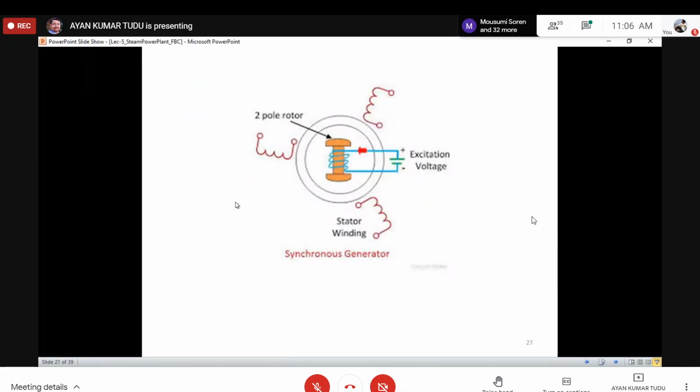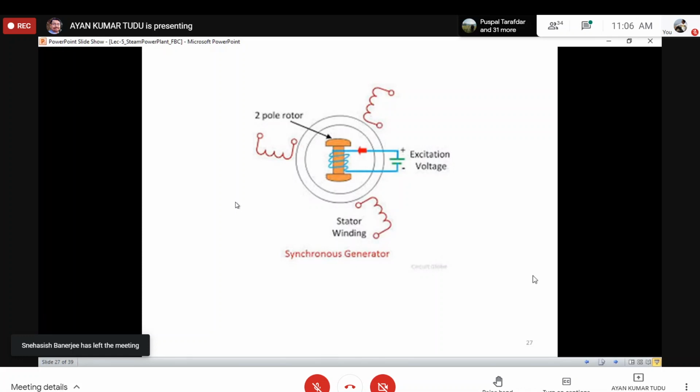Okay, this is the typical synchronous generator where we have the two-pole rotor, and this is the armature where the voltage is generated. The generated voltage is around 11 kV, and that has to be boosted up.